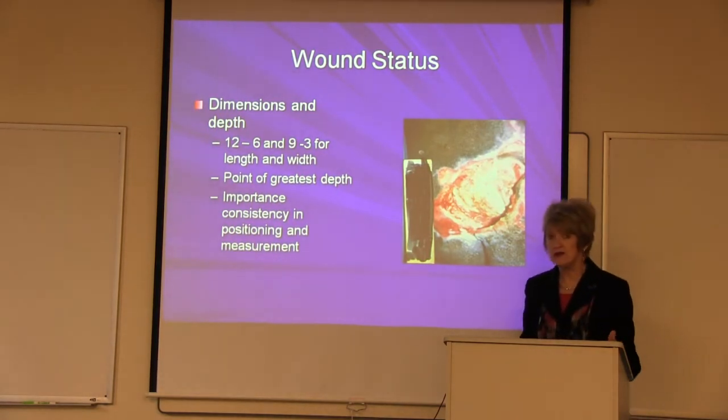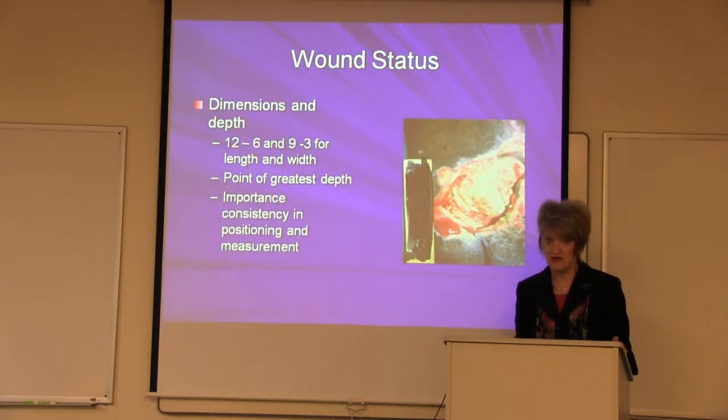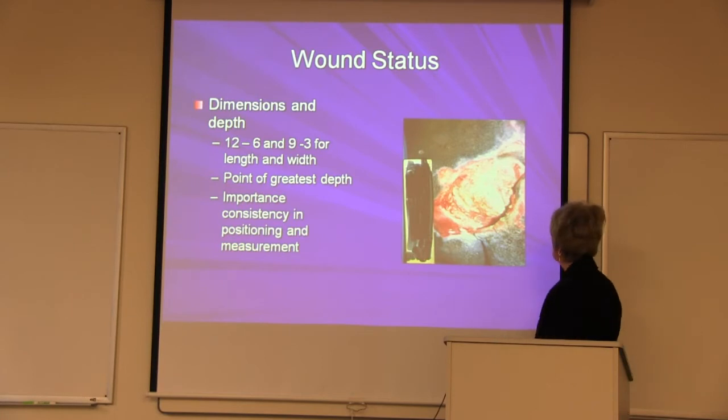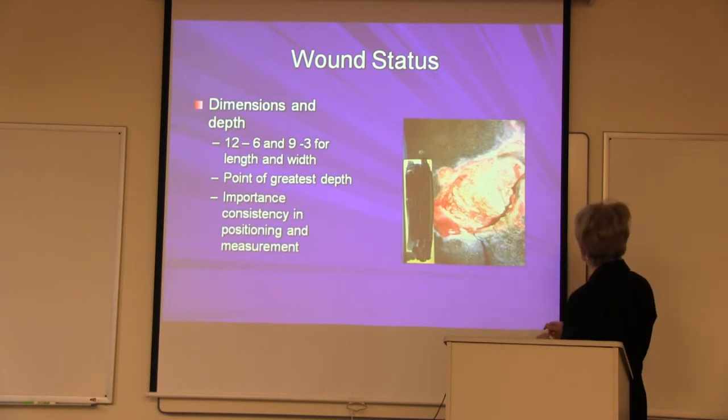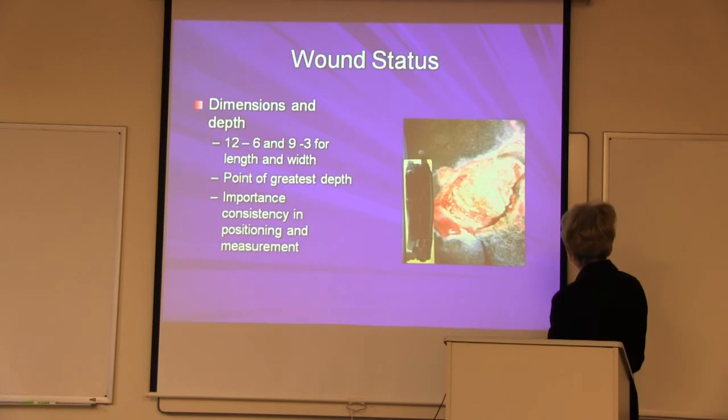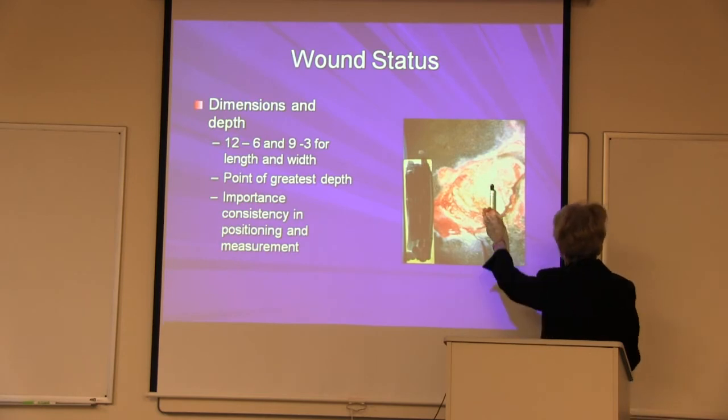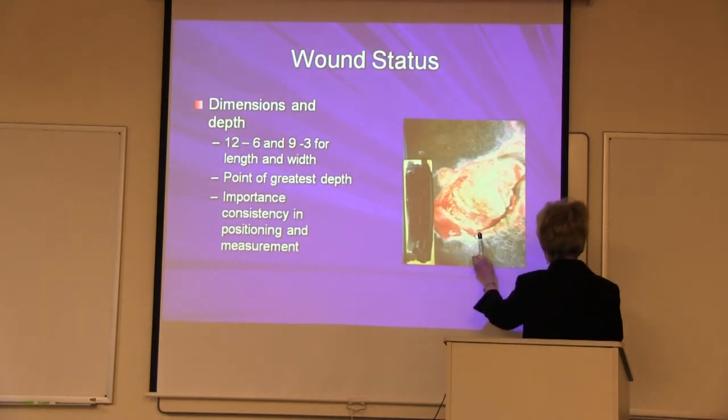But the current recommendation from the National Pressure Ulcer Advisory Panel is to measure top to toe, okay, or 12 to 6. So I'm going to look for my longest dimension from a 12 to 6 orientation, and that is probably going to be right in here.